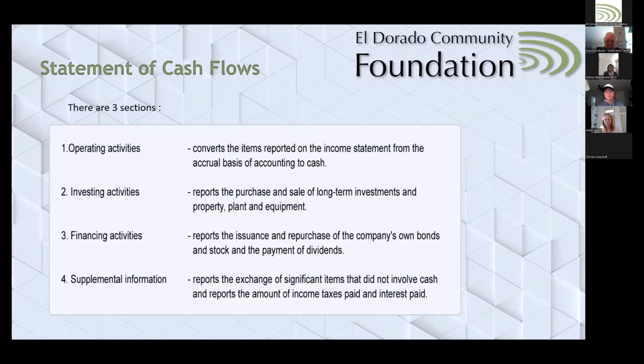Before you do, I just had a question come in that may be a little over my head, so we can answer it. Is it required that accrual basis accounting be used? No, it is not. I just know that a lot of people, the foundation, do accrual basis.